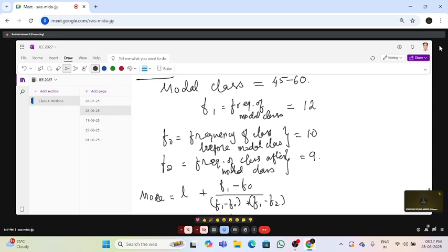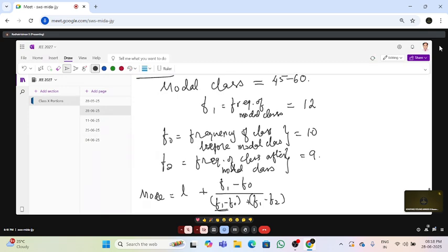F1 is the highest value, so both differences will be positive. We multiply this ratio by the height of the modal class. It is 45 to 60, so H equals 15.